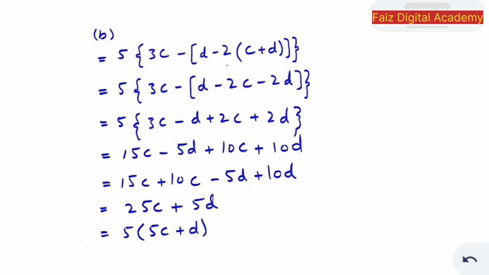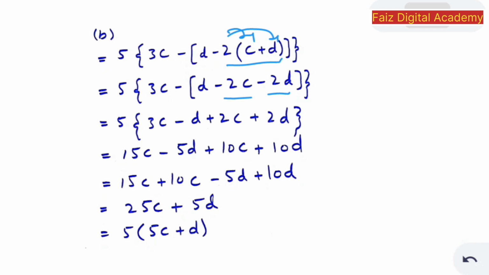In B part, again we have an algebraic expression which we have to simplify and expand, having brackets. And again first we solve the smaller brackets. So minus 2 into c is minus 2c, plus minus is minus, and then 2 is multiplied with this d and we get the answer minus 2d.